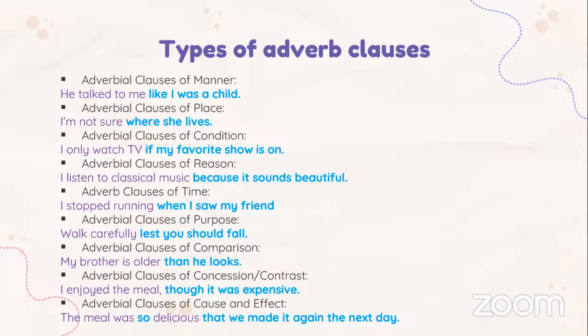With an adverbial clause of condition, you can communicate the conditions related to the verb, adverb, or adjective in a sentence's main clause. For example, you can find sentence number 3: I only watch TV if my favorite show is on. So you can find the condition here. Okay, if my favorite show is on.